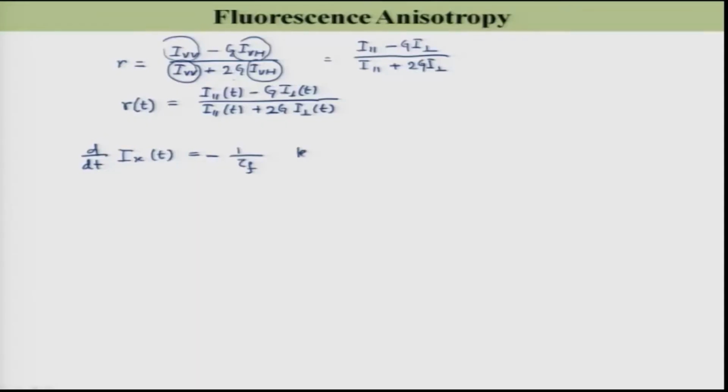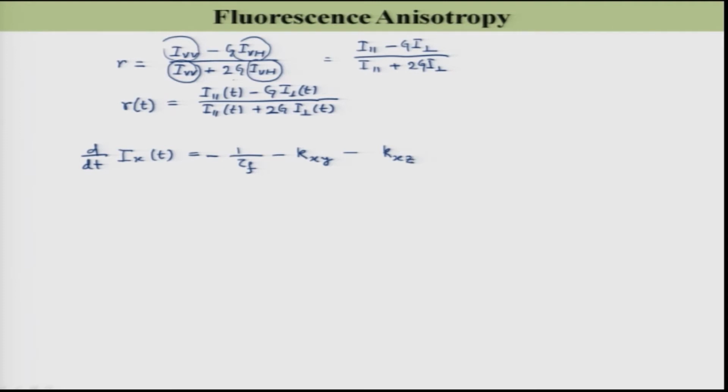So, let me write that as the rate constant of motion of the molecule from x to y. This is again minus, as it is a decrease, and again the rate constant of rotation of the molecule from the x direction to the z direction.